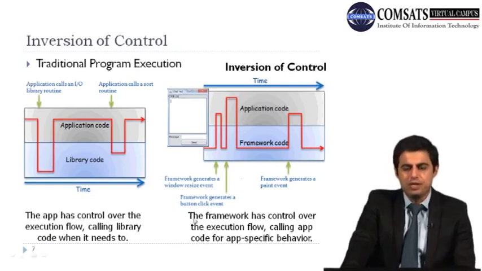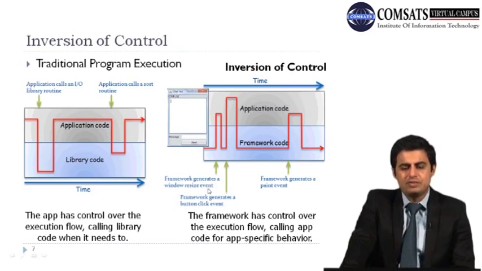It does different application-specific behavior for you. So if you look at this example, the framework generates a window resize event. Now this window has been created by the framework. You have not written the code to create this window.